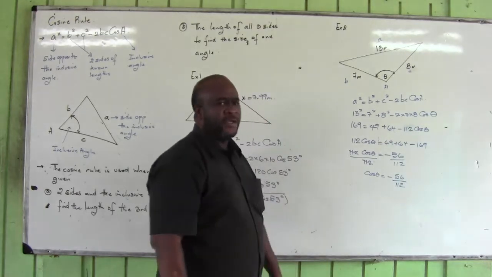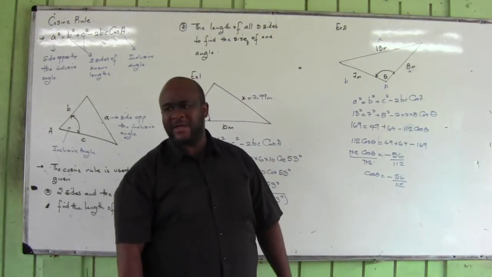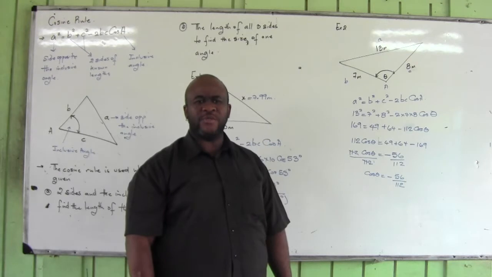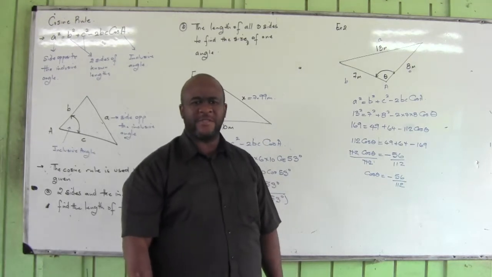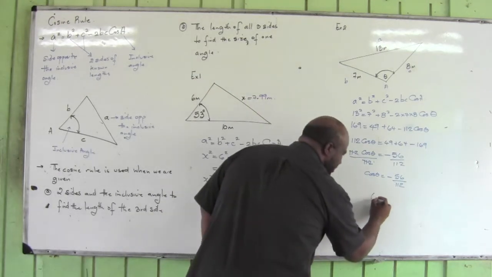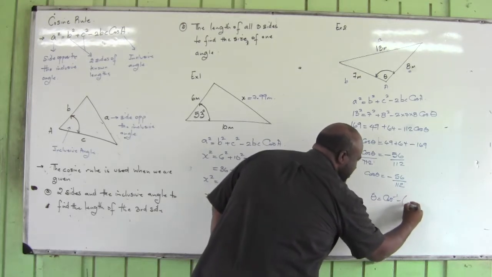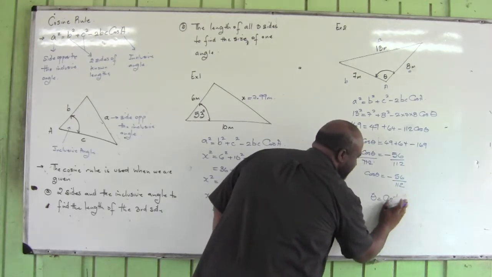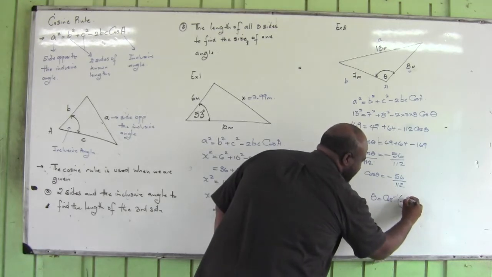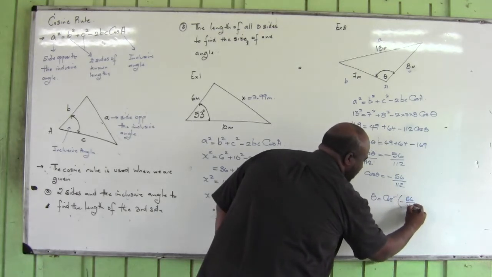Ladies and gentlemen, if you know the cosine of an angle, to find the angle you must use cosine inverse. It means that the angle theta is equal to cosine inverse of minus 56 over 112.